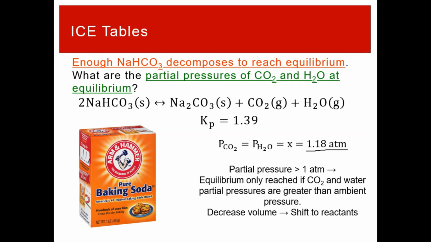But we have to remember that these are partial pressures of just those gases, and ambient pressure is 1 atmosphere. So in order to reach equilibrium, the pressures of those gases would have to be greater than the air pressure that you're under, which just isn't going to happen. If you're in open air and this reaction starts happening, it's just going to go all the way to completion.